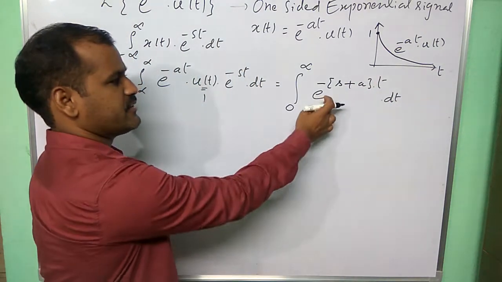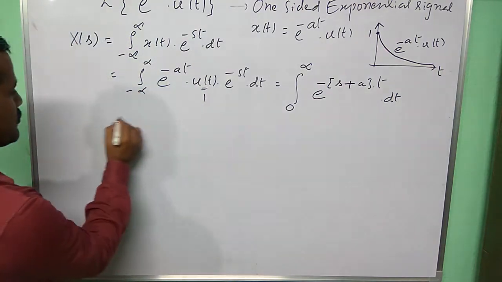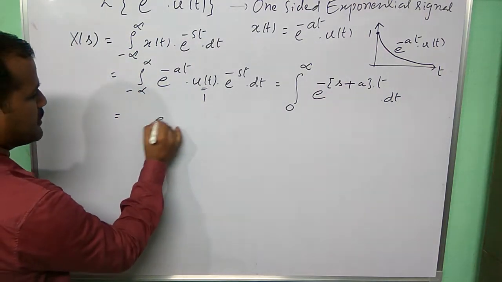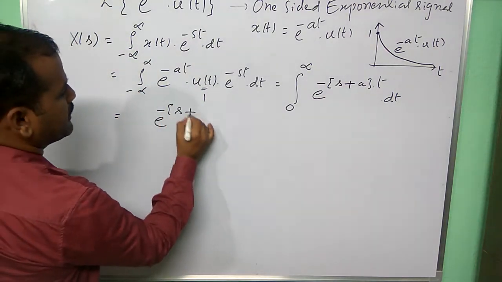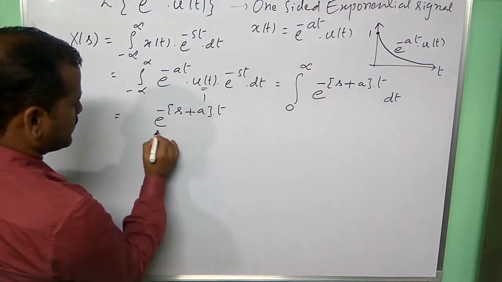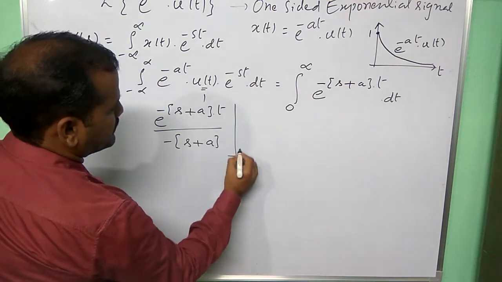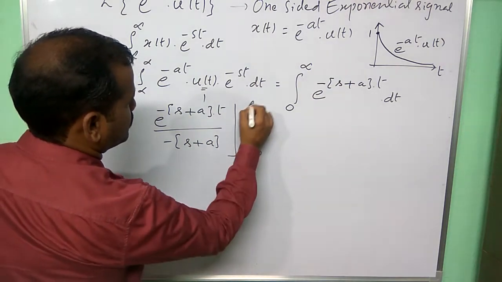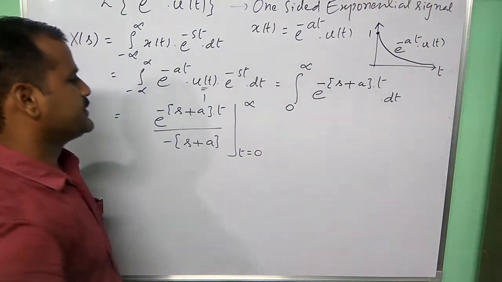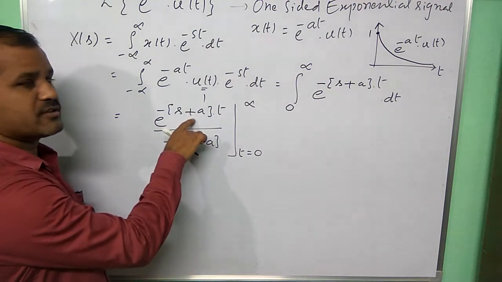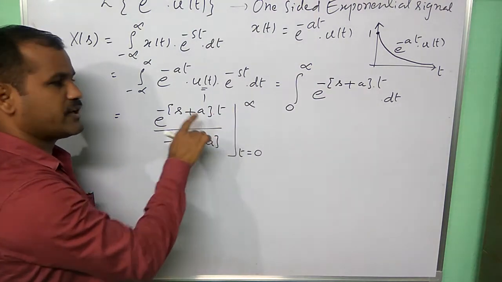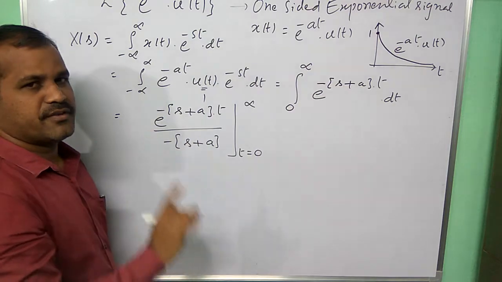Now we can integrate this exponential. So this integral is e power minus of s plus a t divided by minus of s plus a, with t running from 0 to infinity. Once again, when we are substituting the limit infinity, we should take care that it should not go to infinity.